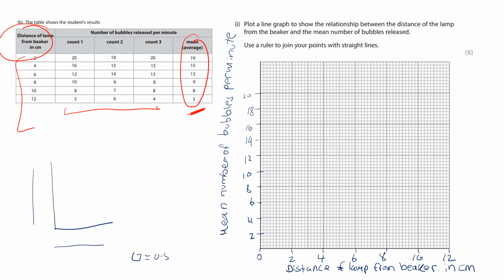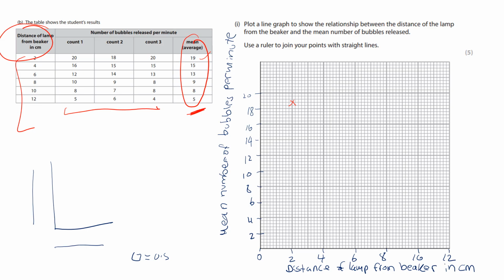Okay, so at 2, distance from the lamp, so it's at 2 centimeters, it's very, very close. It's at 19. So let's go to 2, 19. So this is 0.5, so 19, tick.